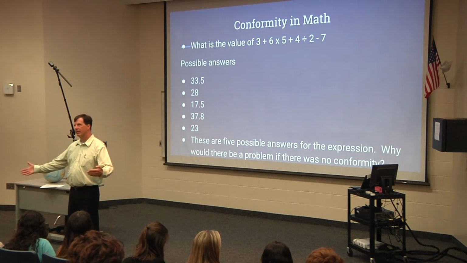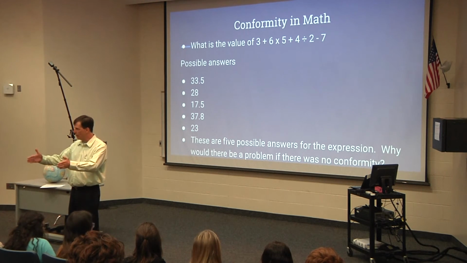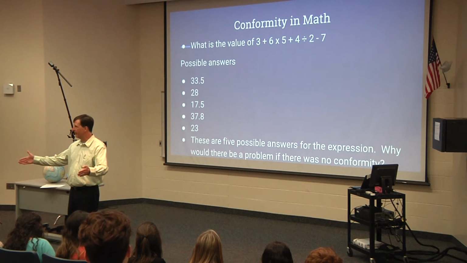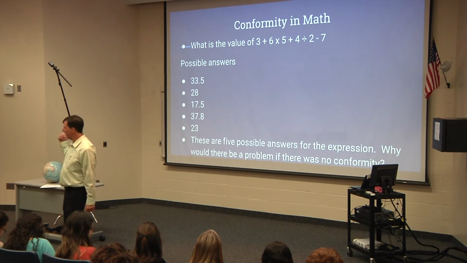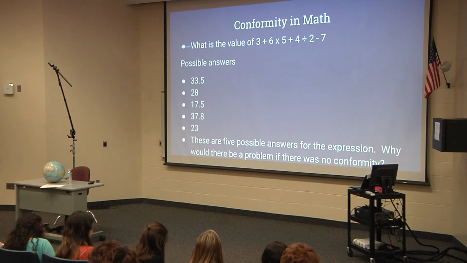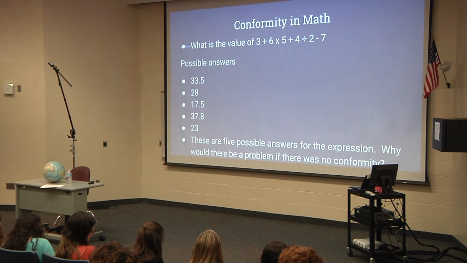What if we didn't have it? What if we did not have our order of operations? You take a test that's given to you. How many wrong answers are there?